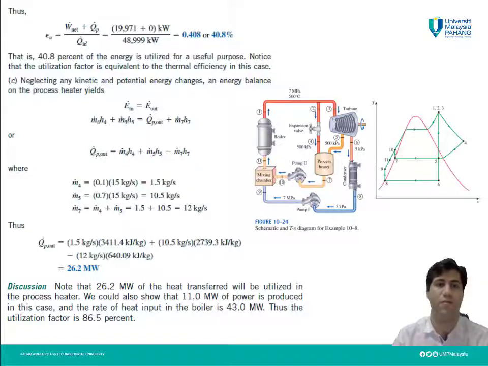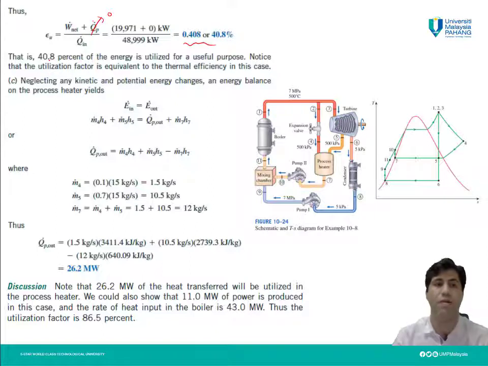We have all of this information, but here the Q dot P is 0 because we don't have any process heater requirement. So in this case, the utilization factor, or here we can say thermal efficiency of the cycle, actually is 40.8%.